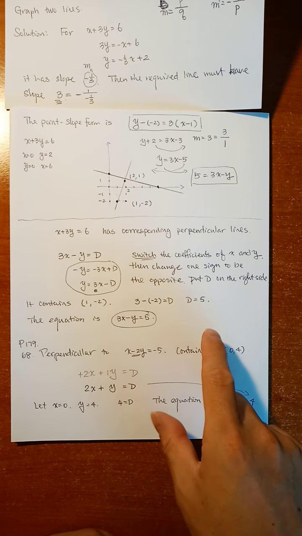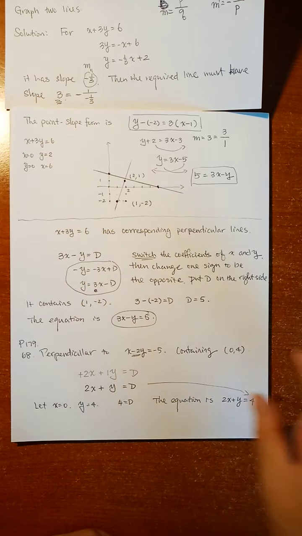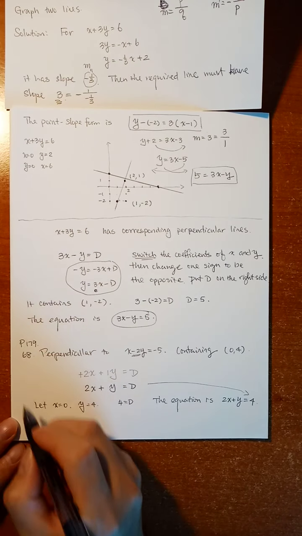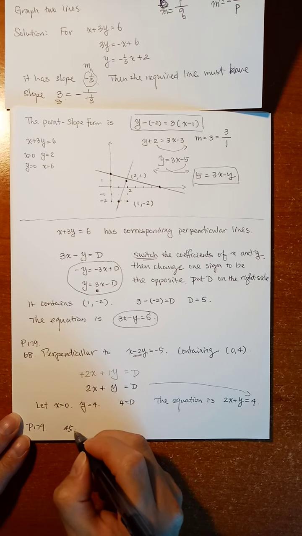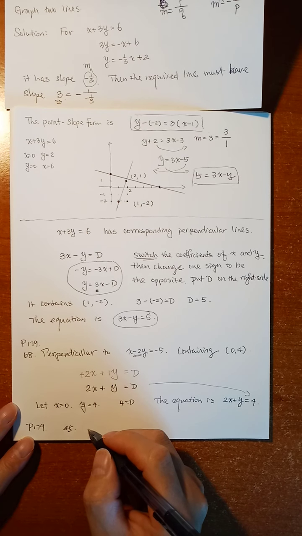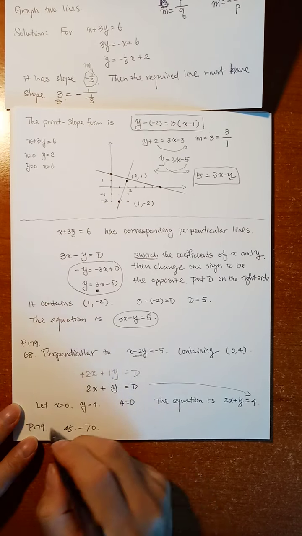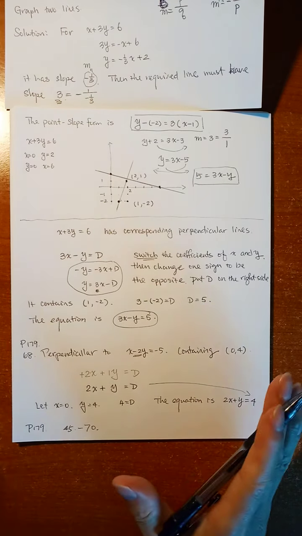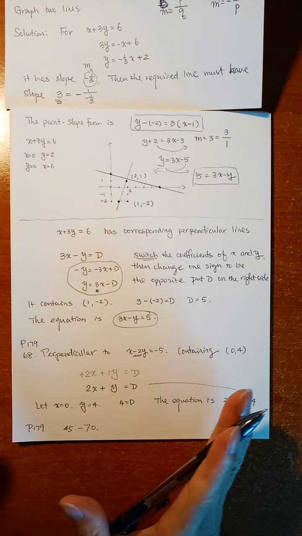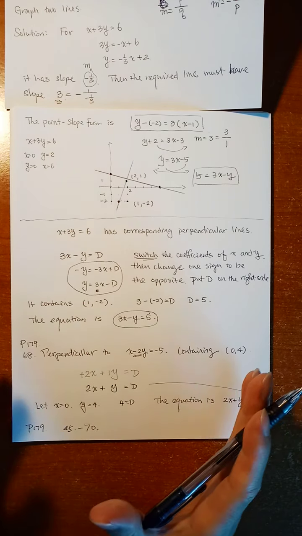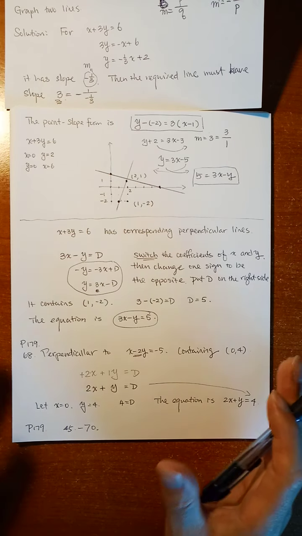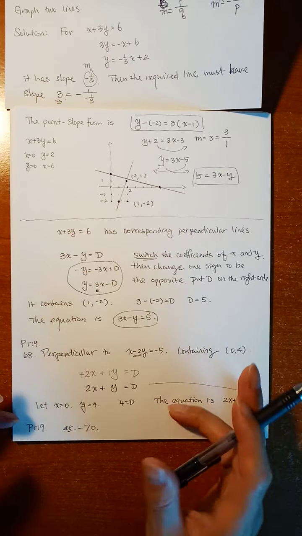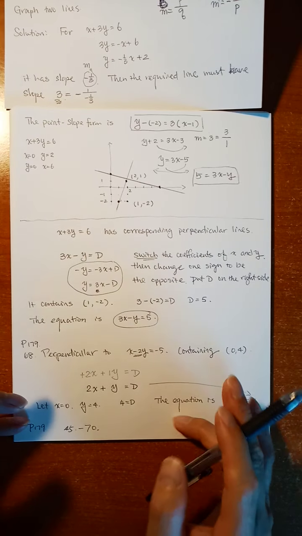Do the corresponding exercises on page 179, from problem 45 to problem 70. They are all kinds of questions. Try to do all of them, understand the concept, and try to figure out the right answer. This part is very, very important.